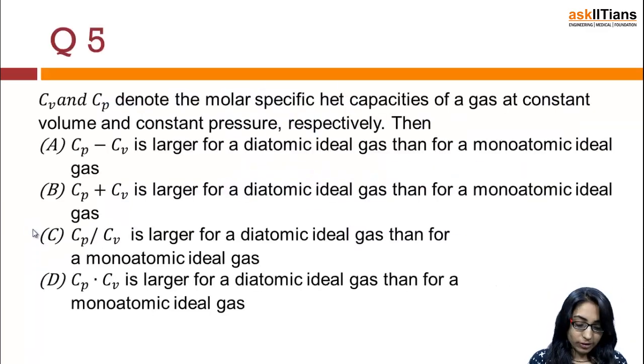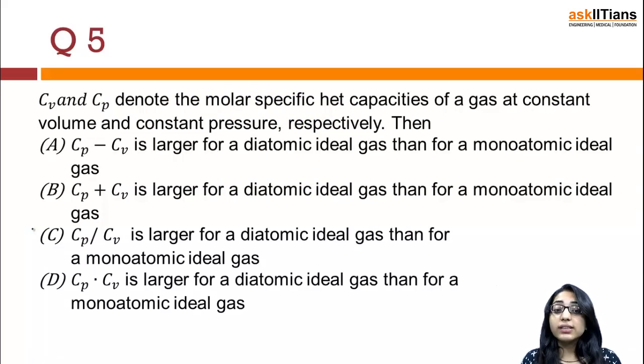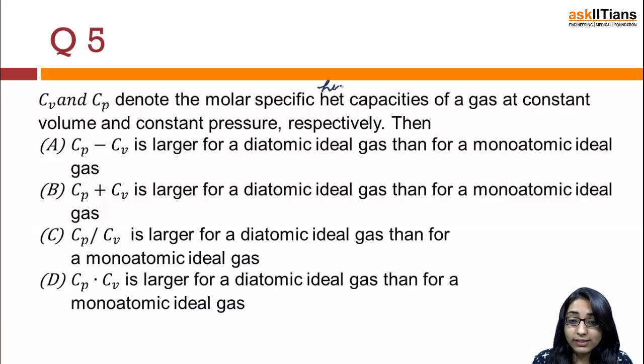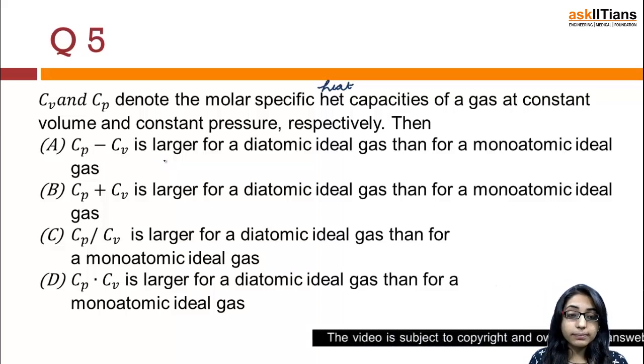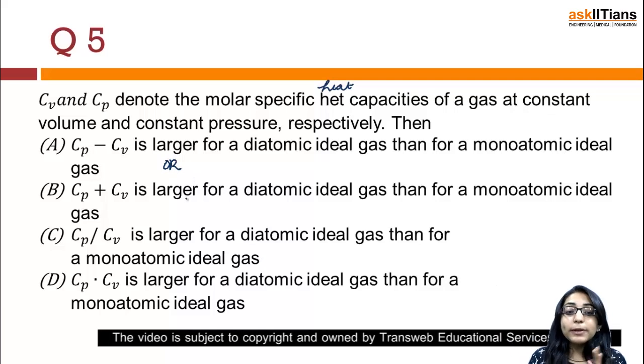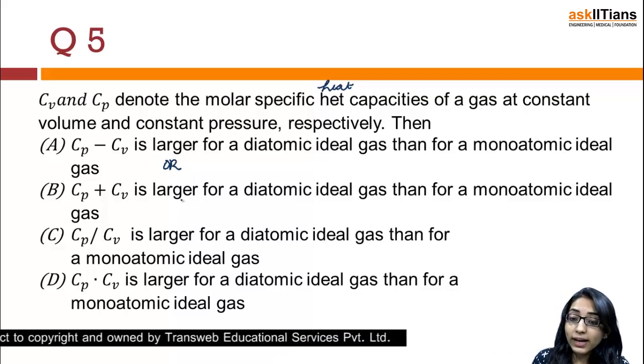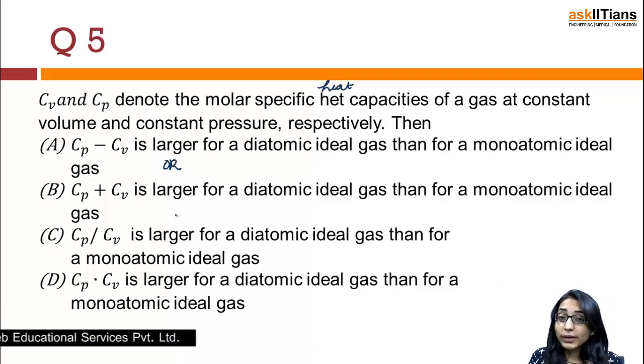Having done question number 4, it's time to move over to question number 5, which says that CV and CP denote the molar specific heat capacities of the gas at constant volume and constant pressure respectively. Then CP minus CV is larger for a diatomic ideal gas than for a monoatomic ideal gas, or CP plus CV is larger for a diatomic ideal gas than for a monoatomic ideal gas.